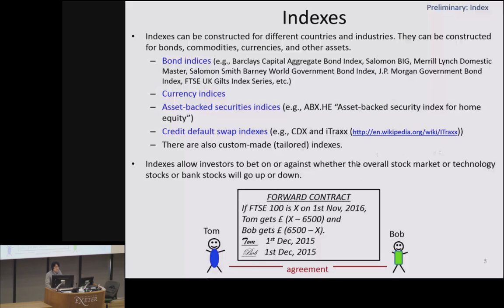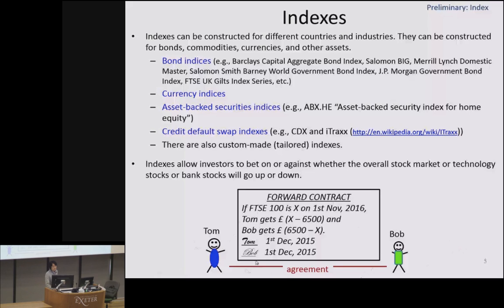Secondly, once an index is officially published by some trustable institution, people can write derivative contracts based on that index, such as forward contracts and option contracts. To refresh your memory, this is an example of a forward contract.